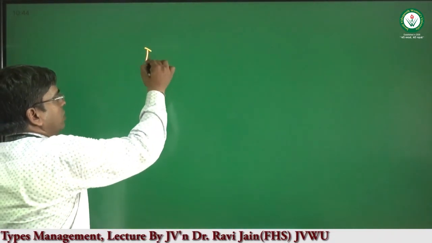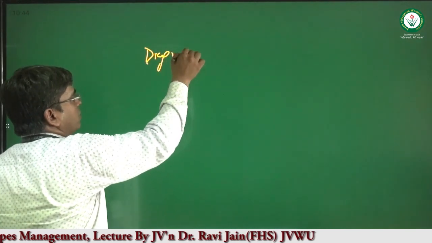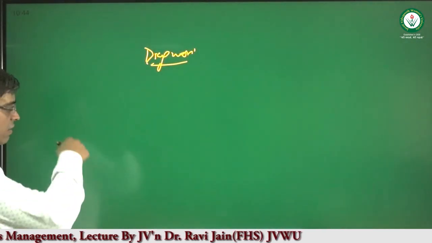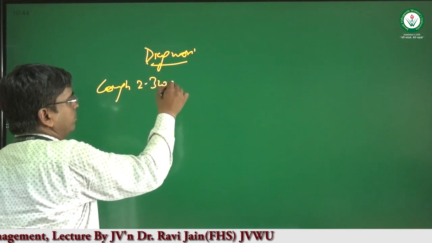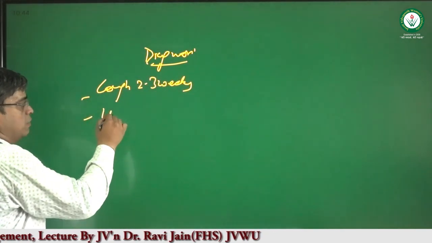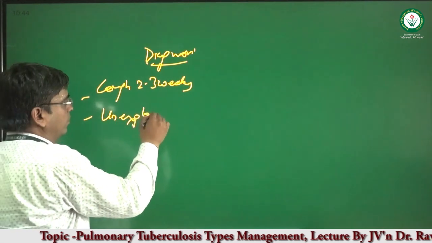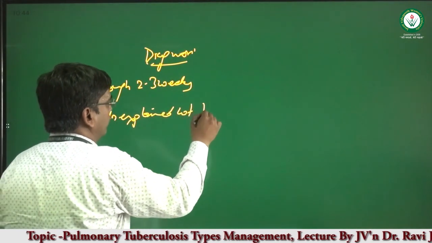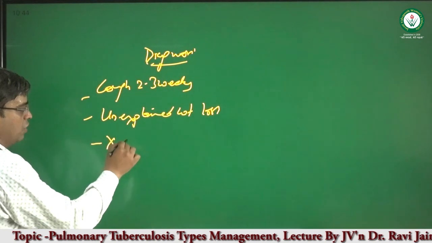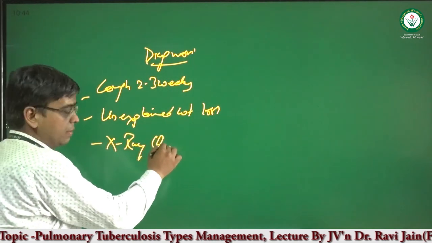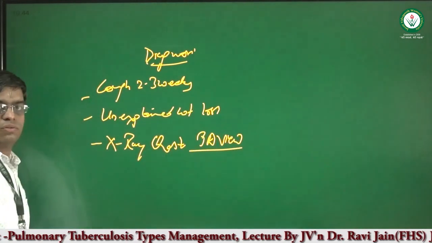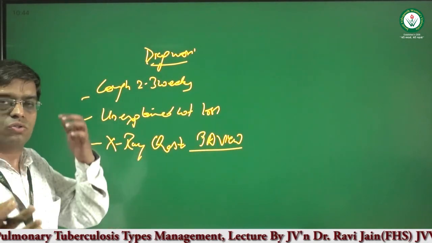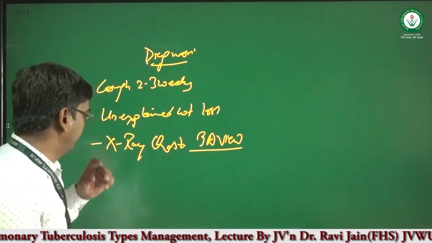Now, how to diagnose a case of pulmonary tuberculosis? The diagnosis is mainly by the symptomatic way. Cough that is coming for 2 to 3 weeks. Unexplained weight loss. Apart from this, we can go for chest X-ray. In the X-ray chest, we are going to see the cavitation, the consolidation, and the collapse.